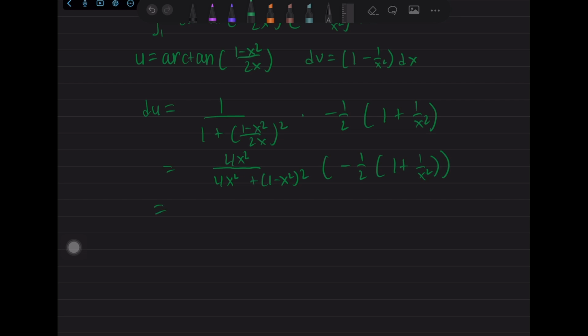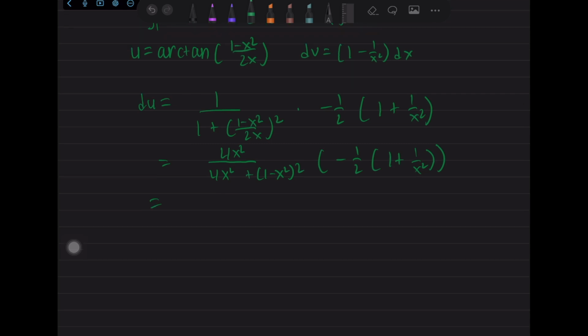Let's continue. This minus 1/2, just to get rid of this, let's multiply it out into the numerator, minus 2x squared. Now this denominator is going to be x to the 4th plus 2x squared. Okay, let's fully write this out. x to the 4th minus 2x squared plus 4x squared plus 1.